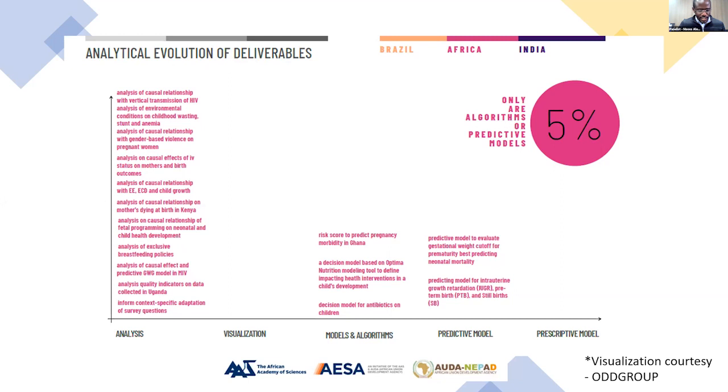So just to mention that some of the lessons that we have learned here at the African Academy of Sciences is that we clearly need a data exchange platform for African scientists, especially those in maternal and neonatal child health. And the depth of data science analytics and expertise, if you were to compare that to the amount of data that has been collected within the continent in MNCH, do not compare, meaning that there is quite a bit of work that we need to do around data science, analytics, and expertise.